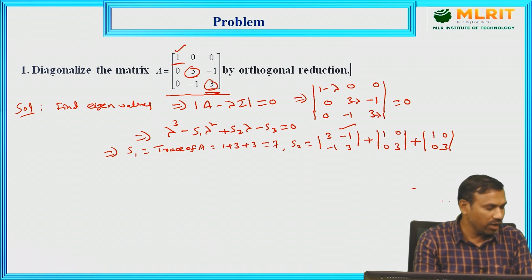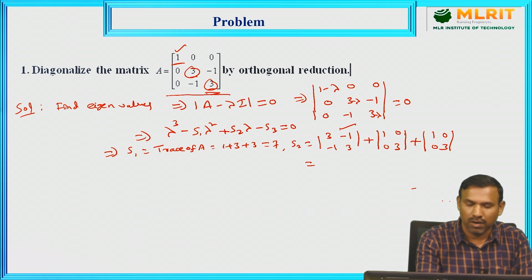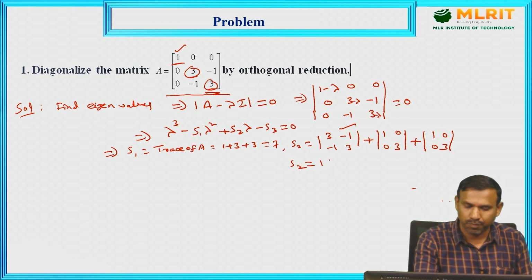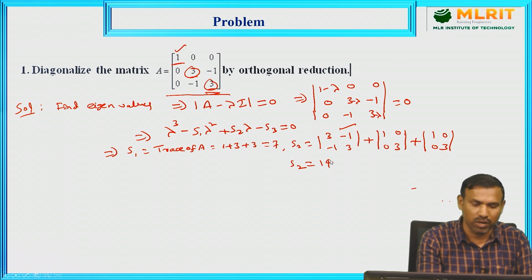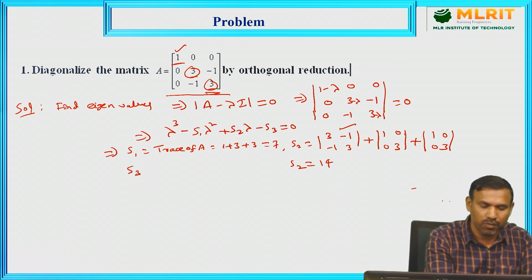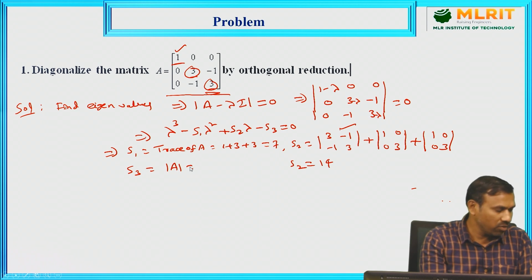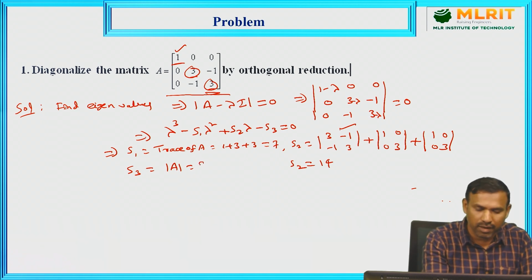How much are we getting for S2? That is 14. You can do the simplification. Then S3 is det A, which we know very well how to find; that is 8.